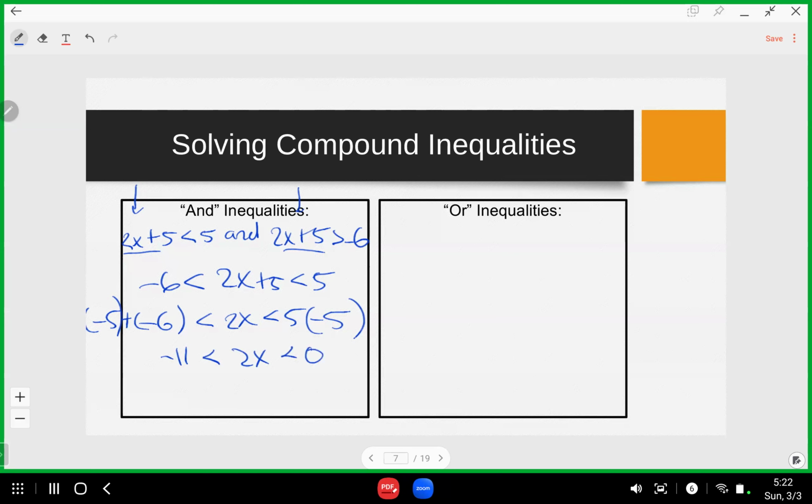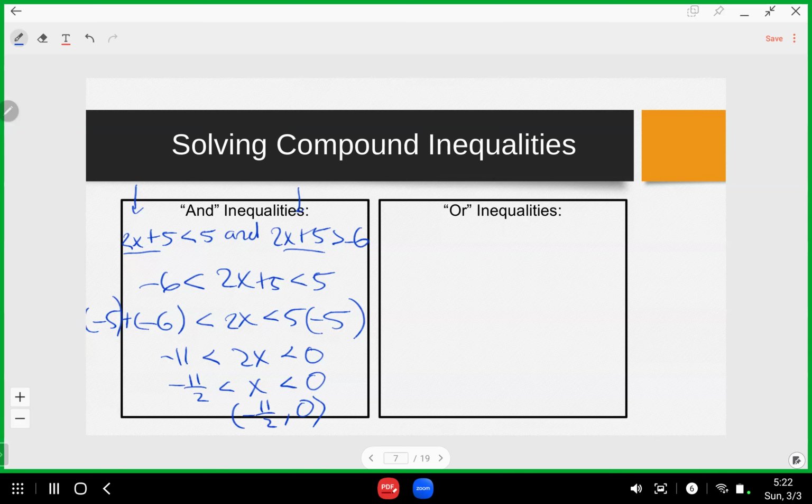So now you can divide by 2. Divide all sides by 2. And then you get this: -11 over 2 is less than x is less than 0. Whenever you have and inequalities, it's going to be one interval.